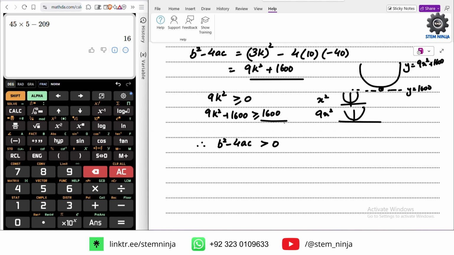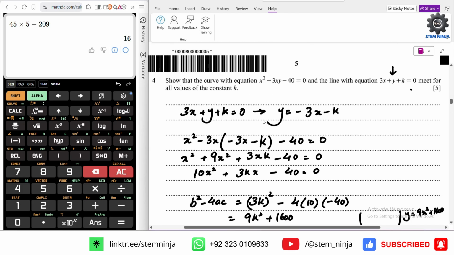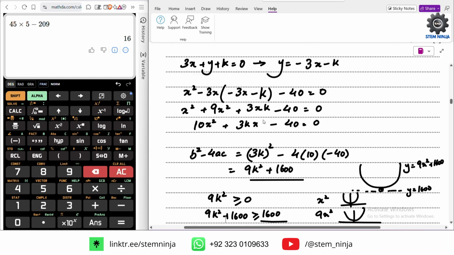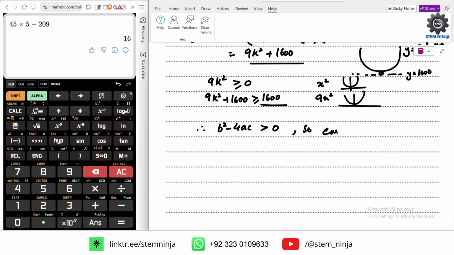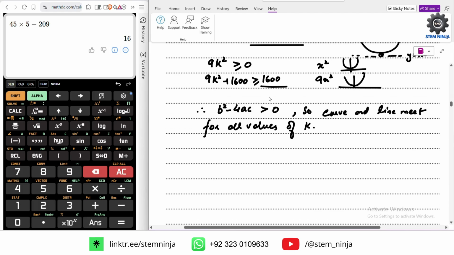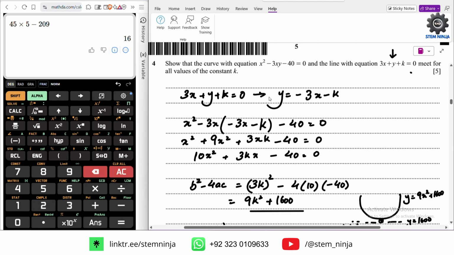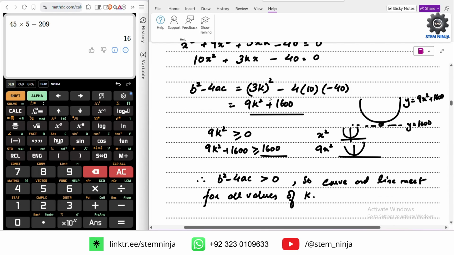Because it's always starting at 1600, greater than or equal to 1600, it is definitely greater than 0. So therefore it exists. So the curve and the line meet for all values of k. Right. Okay. So that was this question. Let's move on to question number 5.